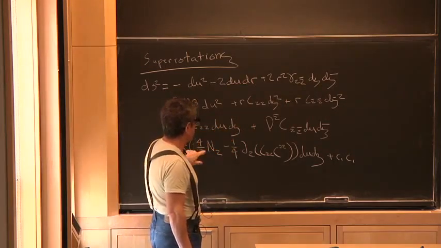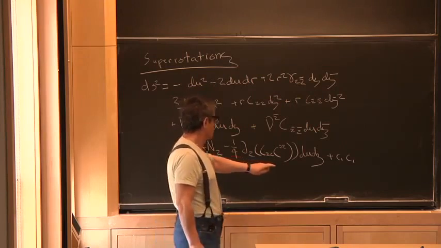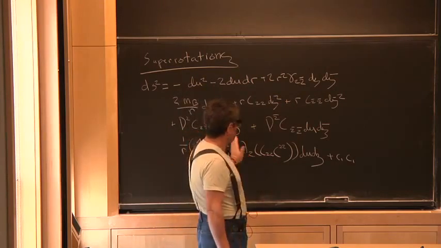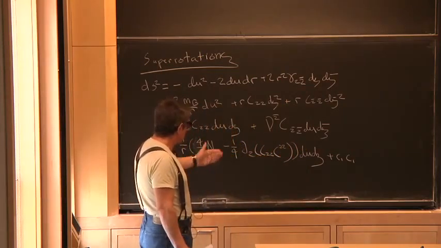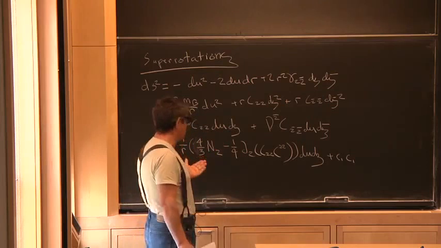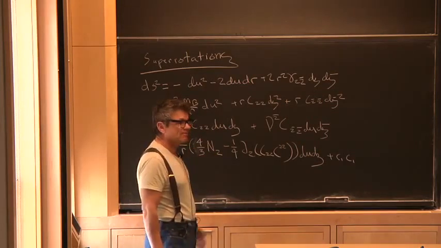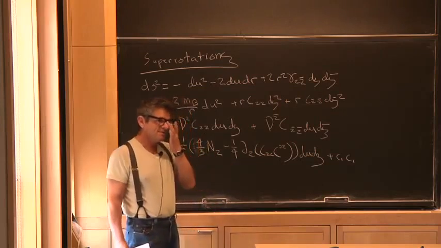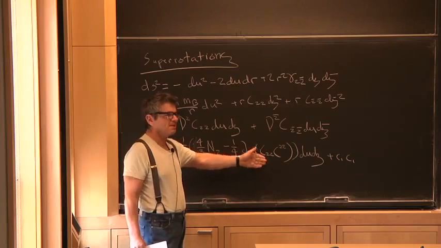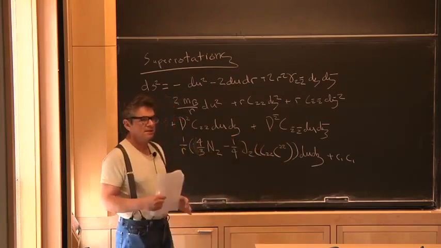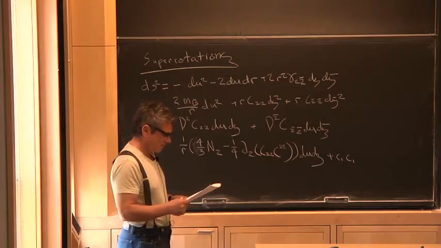This is an order 1 over r coefficient, and I could have just defined the whole thing to be N_z. This 4/3 looks kind of funny, and this shift by this quadratic term in C also looks kind of funny, but it makes some of the subsequent formulas simpler.